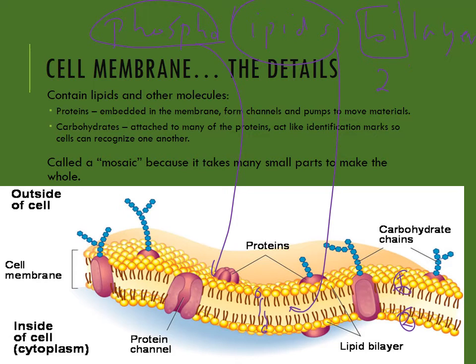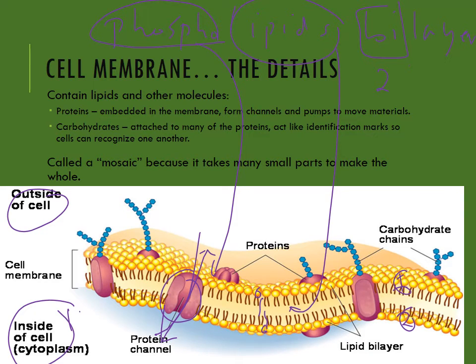See that? There are proteins embedded in the membrane. They form channels and pumps to move material through. So here's a protein channel. Things can come in and things can go out. When you look at a cell, this is the inside and that's the outside.